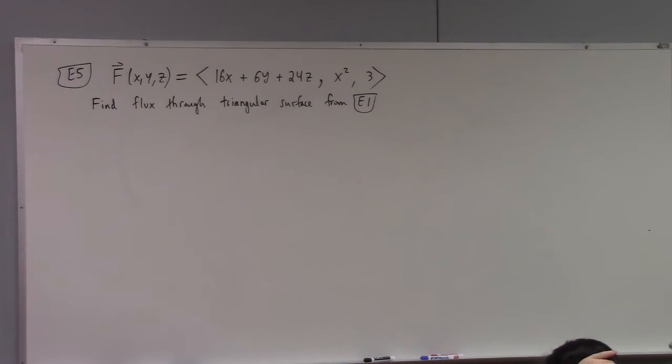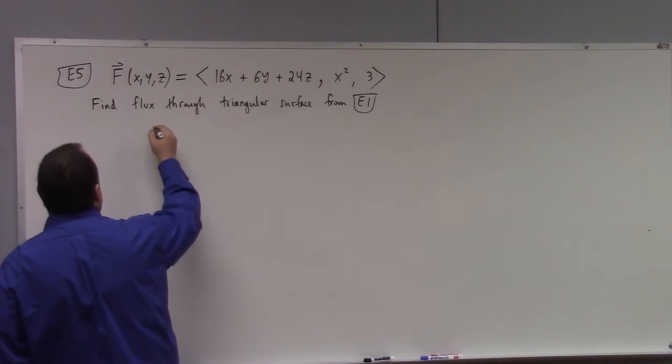Find a surface which contains those 3 points, and find the flux through the triangular region bounded by those 3 points on the surface, such that the normal points in a particular direction, right? That's a problem you might face. And we've already done the start of it. We've already found the equation for the plane. Once you do that, you should be able to parameterize the plane.